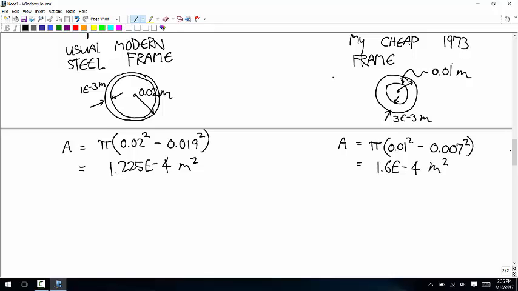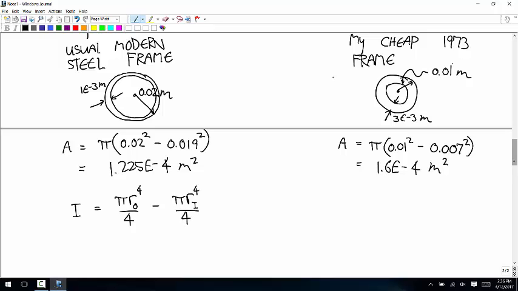Okay, so for this one, well, let's first just think about the formula for a hollow tube. We can do this with the summation formula. I is equal to pi r outer to the fourth over 4 minus, so that's the area moment of inertia of the outer circle, and then subtract the area moment of inertia of the inner circle, so minus pi r inner to the fourth over 4.